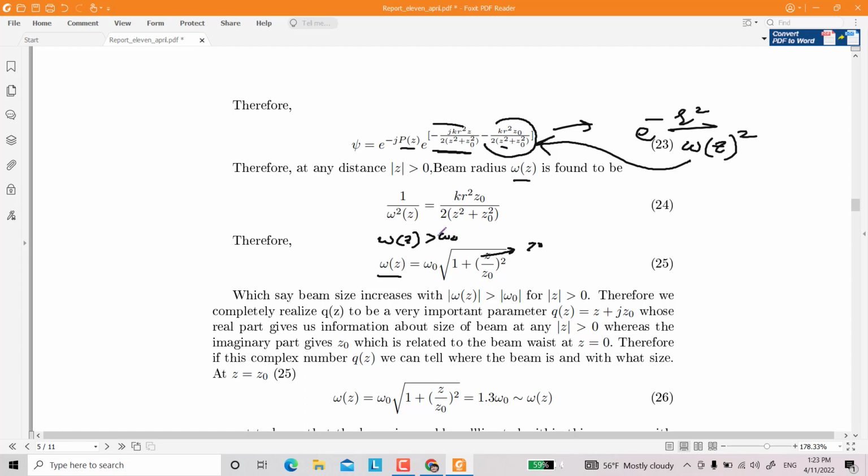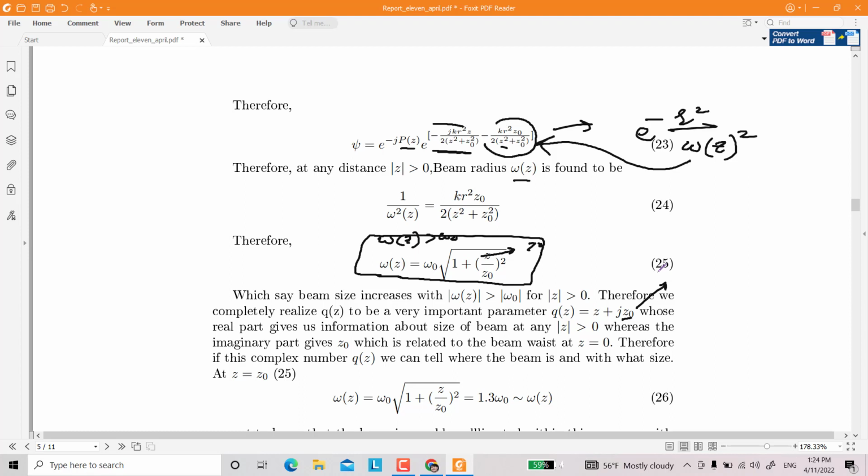Therefore, we realize that Q of Z is a very important parameter, which has to do with Z and Z naught, whose real part gives us the information about the radius of the beam at any Z, whereas the imaginary term gives us the information about the size of the beam, or the beam waist at Z equals 0, which is defined to be the origin of our beam.